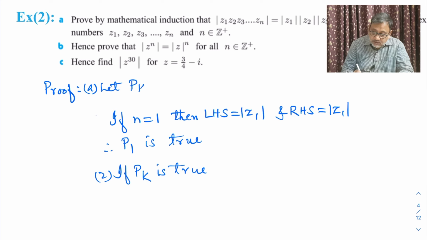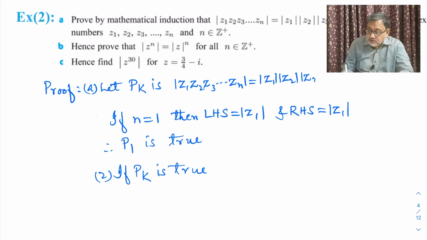Let P of n be the statement: modulus of z1 into z2 into z3 and so on up to zn is equal to modulus of z1 into modulus of z2 into modulus of z3 and so on into modulus of zn, for all complex numbers z1, z2, z3, up to zn, where n belongs to Z plus, a positive integer.